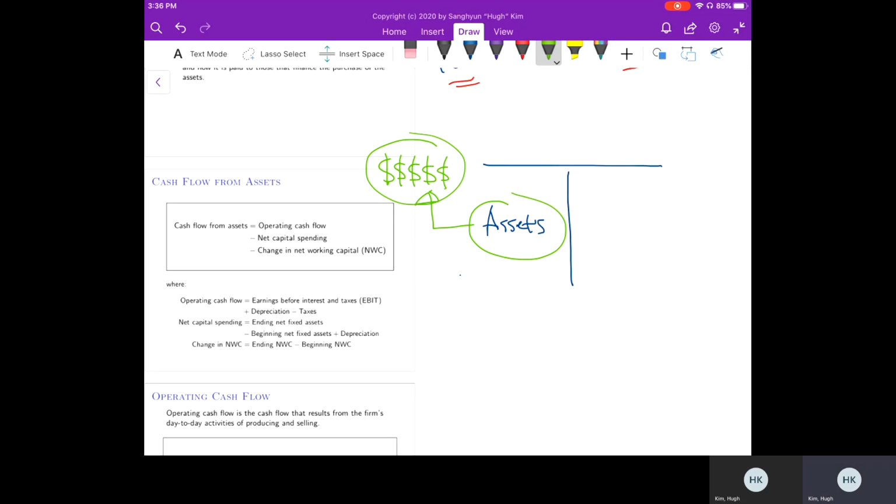This cash flow is called operating cash flow, the cash flow from the firm's business operations. But some of these cash flows must be reinvested in the firm for future growth.